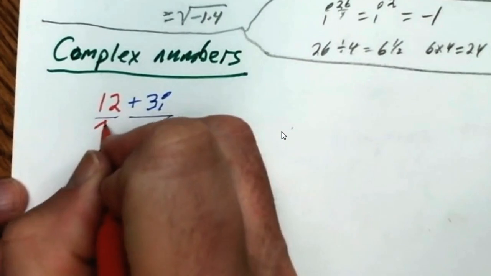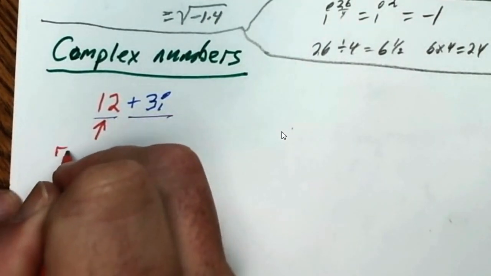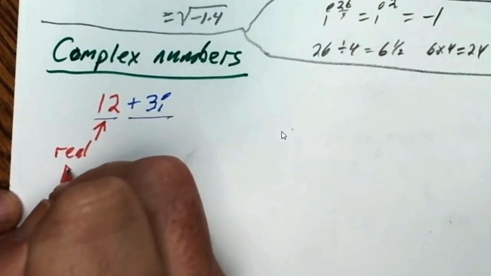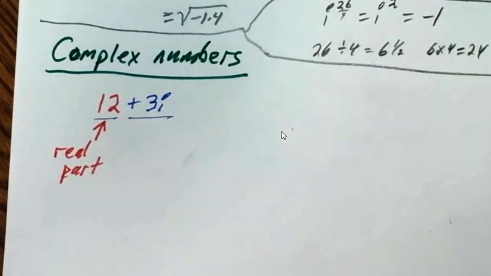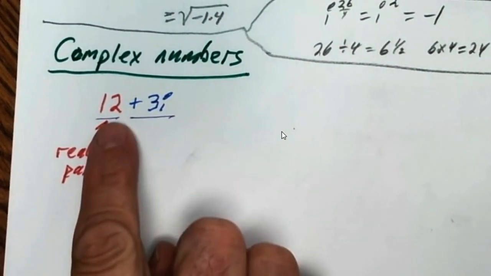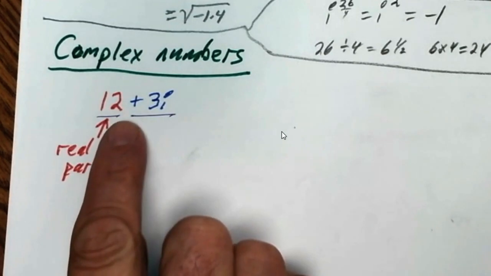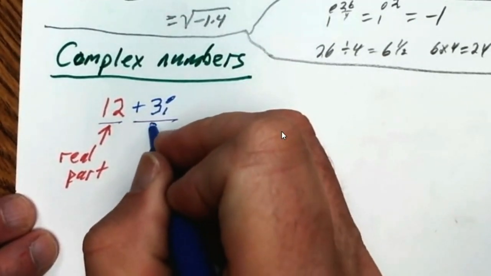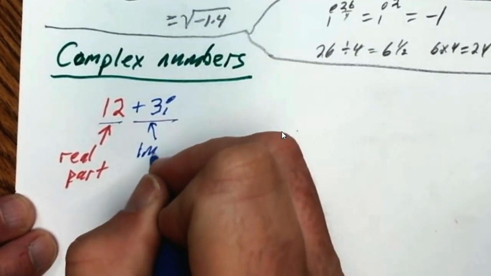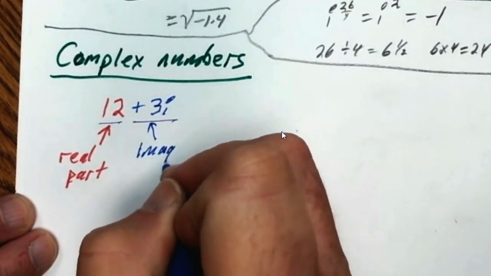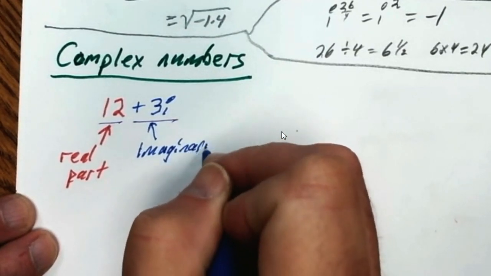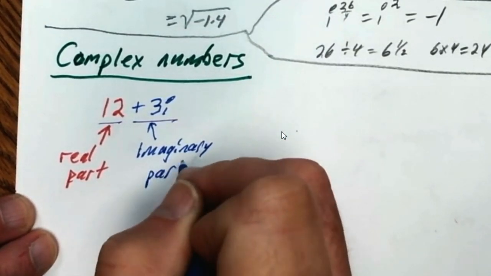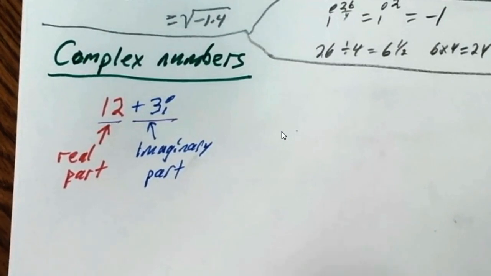This is the real part. Right? Because 12 is a real number. We're talking about the actual number 12. But this part over here is the imaginary part. 3i is not a real number because that's 3 times the square root of negative 1, which we know does not exist.